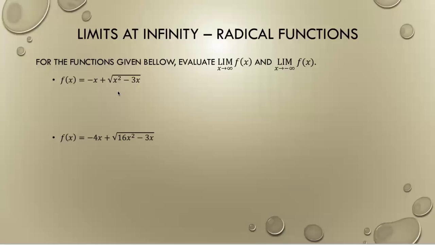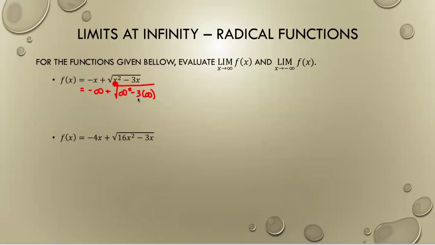If we plug it in, we have minus infinity plus the root of infinity squared minus 3 times infinity. We need to think about this infinity squared growing faster than 3 times infinity. This is a quadratic versus a linear, and the quadratic is going to grow faster than the linear.